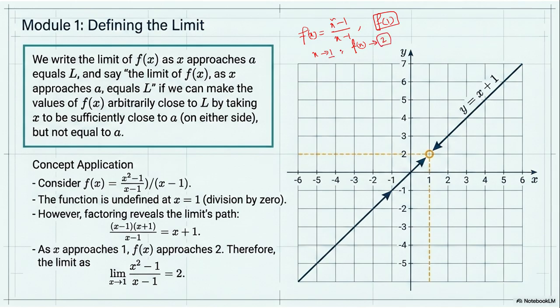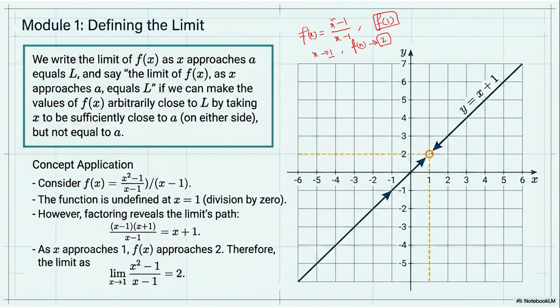But for exactly x equals 1, the function is undefined. That means we will not get exactly 2 when x is 1.